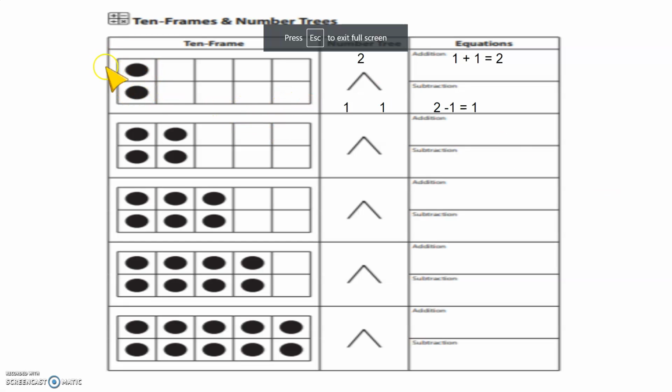So we have our 1 plus 1, which equals 2. We have 1 plus 1 equals 2 on our number tree. We have the math equation, 1 plus 1 equals 2. And then we turn around and make it a subtraction fact. 2, which is the answer, minus one of the numbers we have equals the other number. So in this case, 2 minus 1 equals 1. Let's try another.